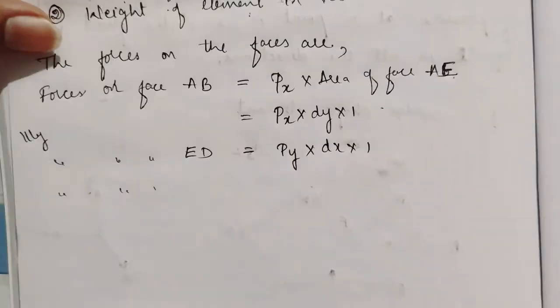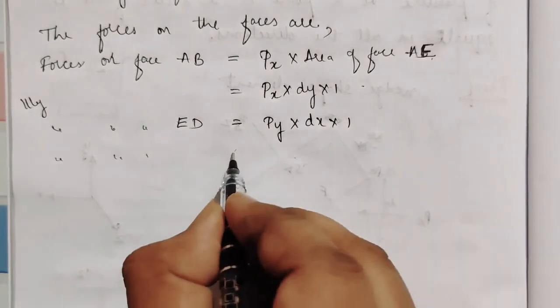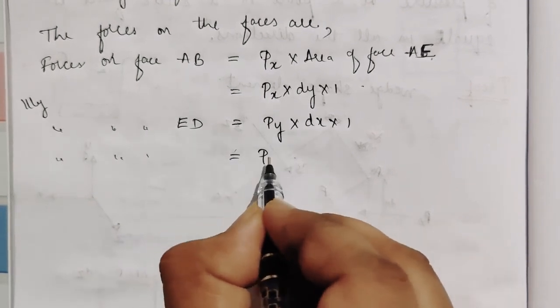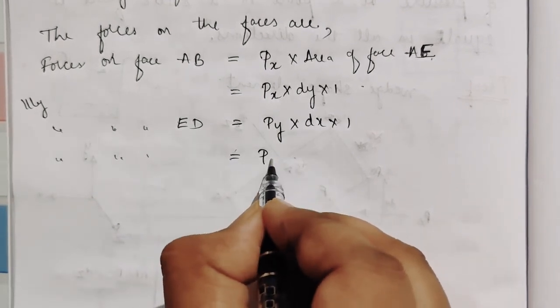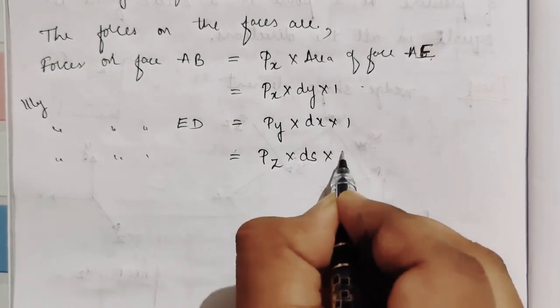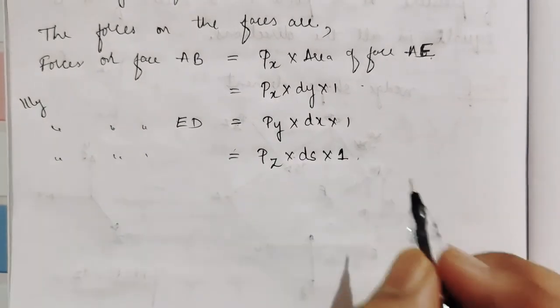But whenever we take moment, it will not be unity, then the term dz will come. Because we already mentioned the term 1, it is ds into 1.